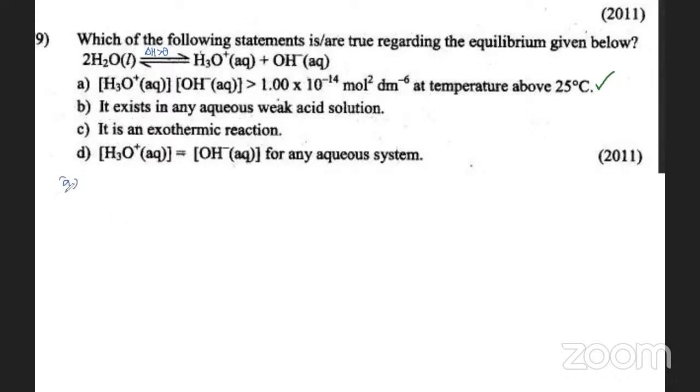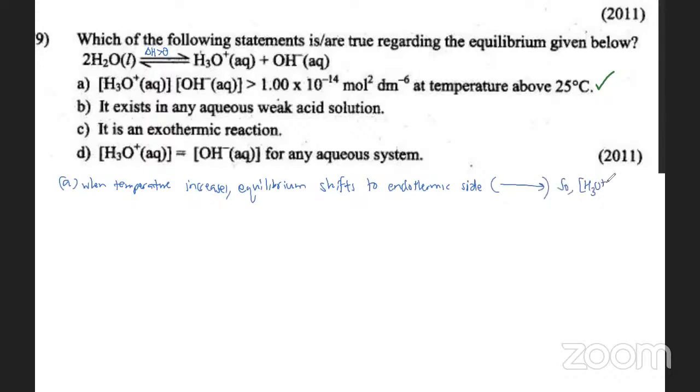So to explain A, when temperature increases, the equilibrium shifts to the endothermic side, that is this way. So we can say H3O plus concentration and OH minus concentration increase.